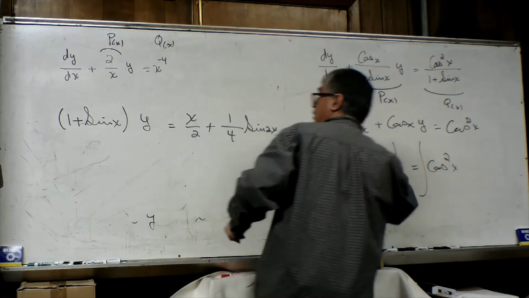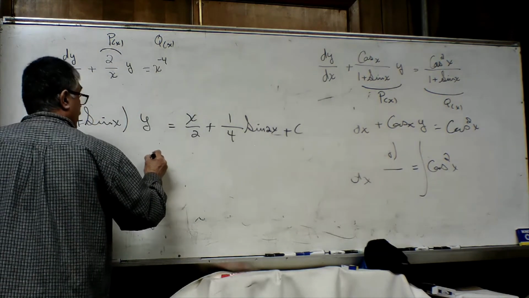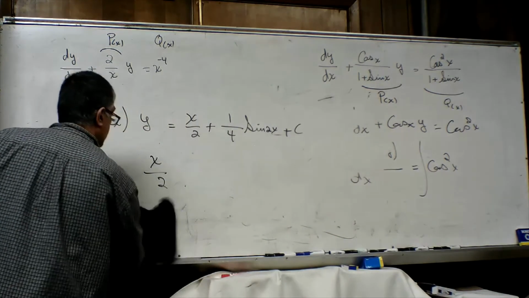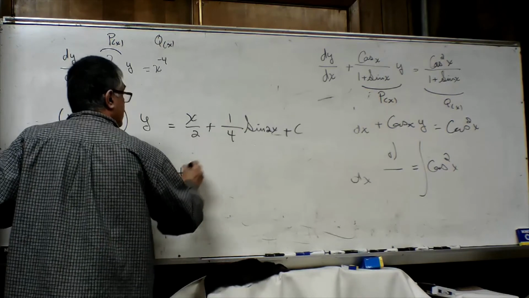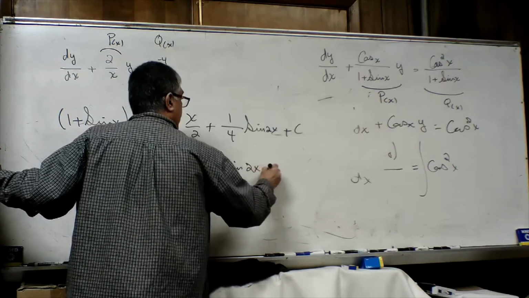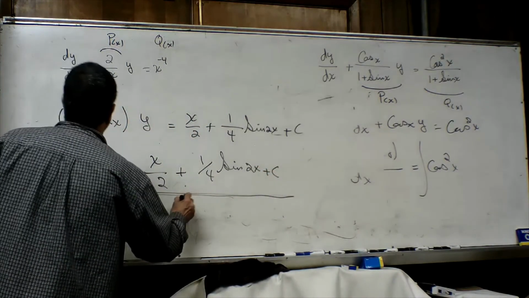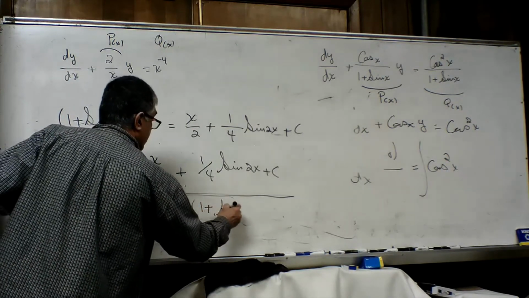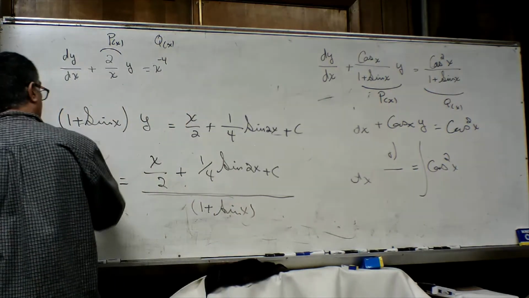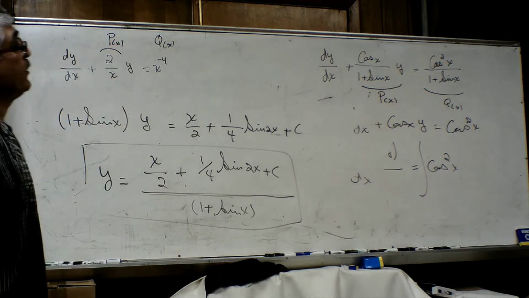So we are going to have y equal to x divided by 2 plus 1/4 sine of 2x plus c, divided by 1 plus sine x. So this is our answer for that equation.